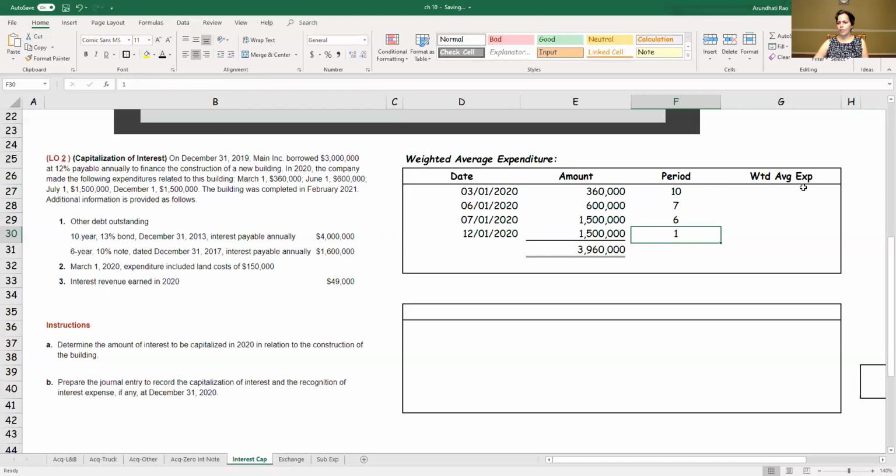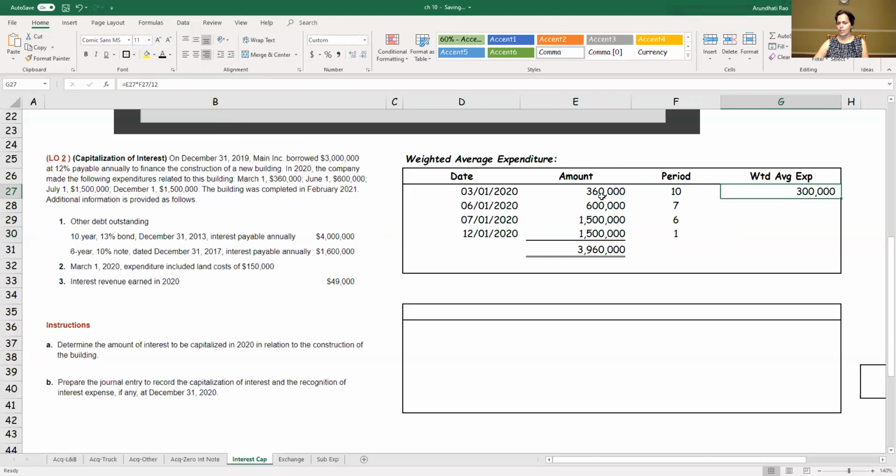So now the weighted average expenditure is calculated as the amount, which is $360,000 multiplied by 10 over 12. That's a fraction. 10 over 12 is the number of months that I had the money that had been spent. That's a weighted amount. So in the first case, it's going to be $300,000.